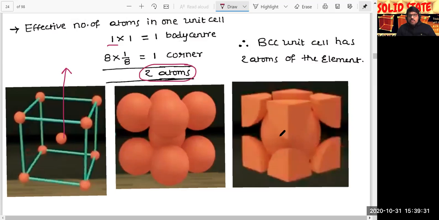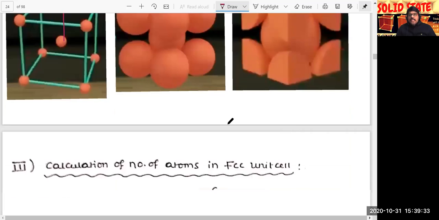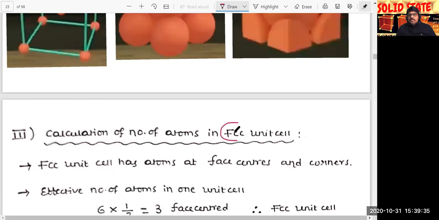And the last one, that is FCC unit cell. What is the full form of this abbreviation? Face-centered cubic. But I suggest, in case students forget, the particles are present at face centers and corners. But the full form of this abbreviation is face-centered cubic lattice, right?